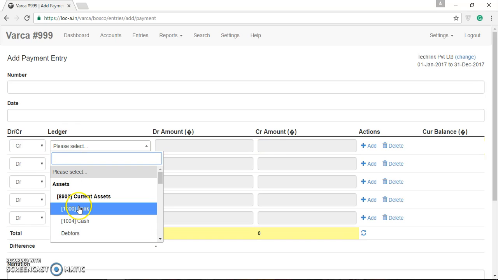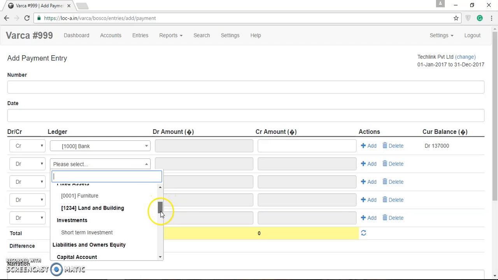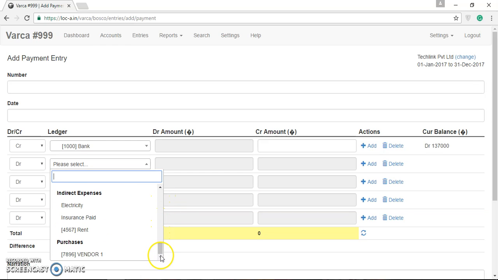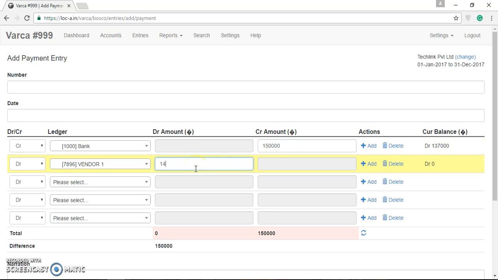So we credit bank account and we debit purchase account. So we have purchased it from vendor 1. So we have credited, so amount goes out from the bank. We have made a purchase for 1,50,000.